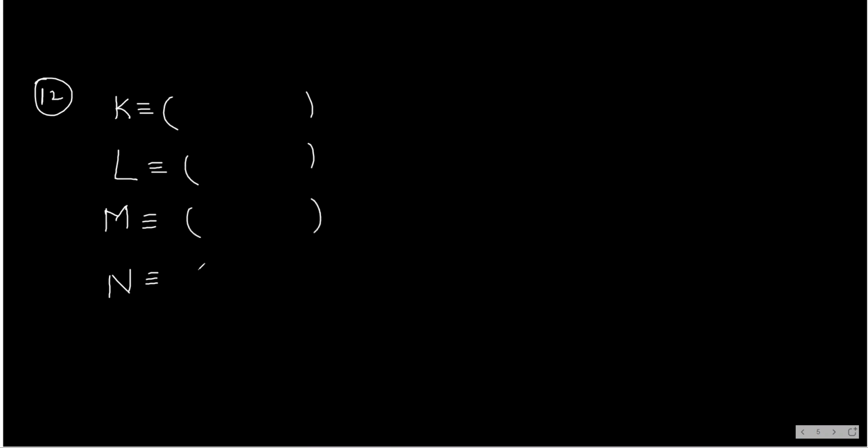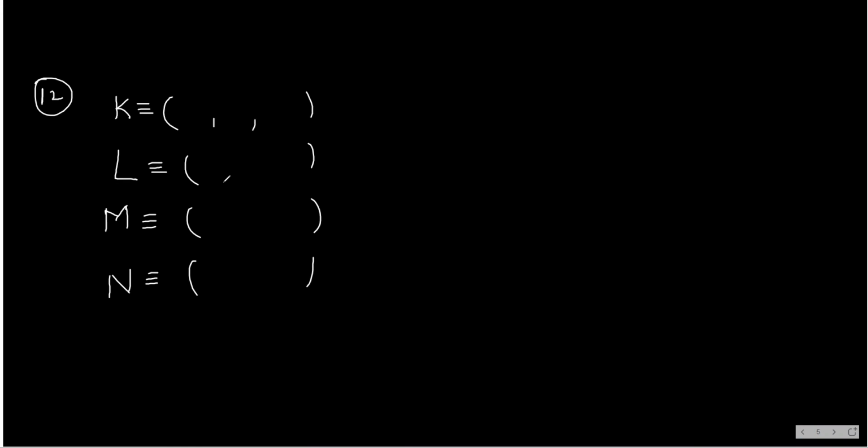In question number 12, we have to find the centroid of a tetrahedron with the given vertices K, L, M, N. It is a very simple question.